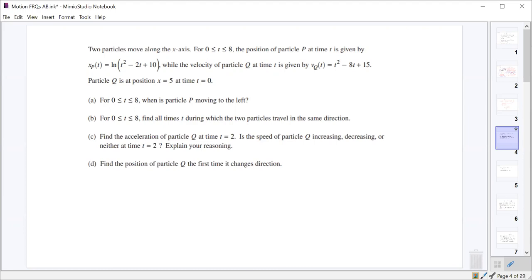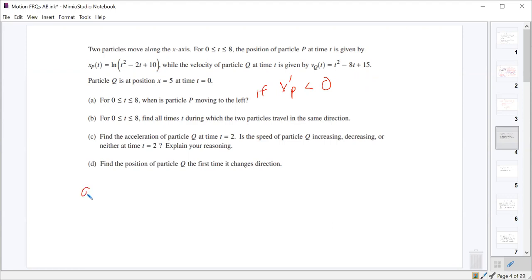So from t equals 0 to t equals 8, we want to know when particle P is moving to the left. Well, a particle moves to the left if the derivative of its position is less than 0. Negative velocity means moving to the left. So we want to take the derivative of natural log of t squared minus 2t plus 10 and figure out when that is negative.